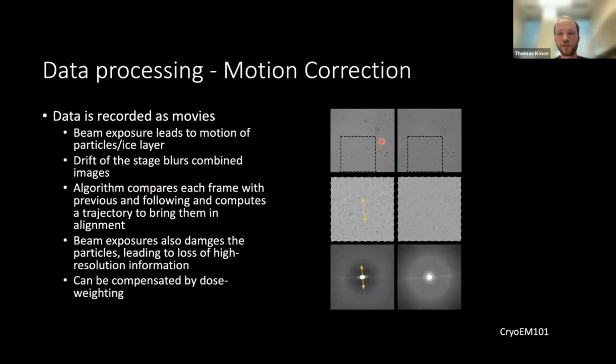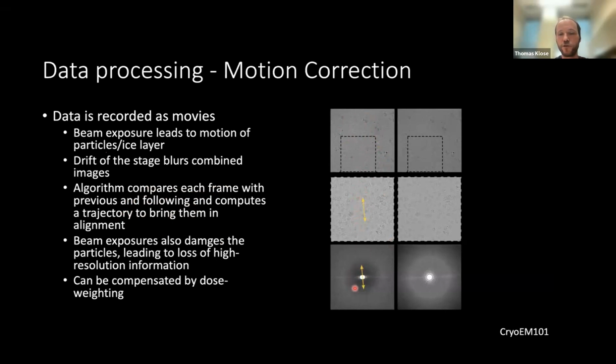So an example of that, and this is probably a little bit difficult to see on the screen, and the easiest is down here, but here's an unaligned movie stack just averaged together. And if you look very carefully at this, you can see that these particles are ever so slightly blurry.